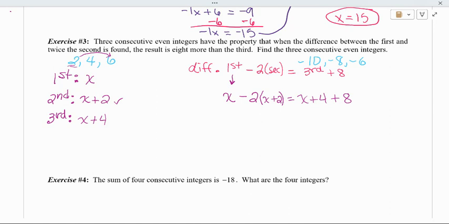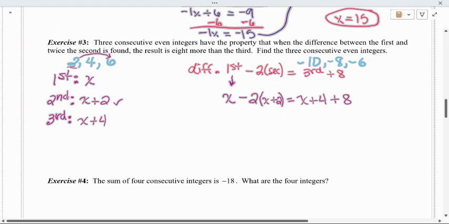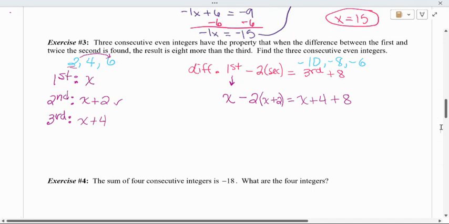Yeah. So do you want to go ahead and try and distribute for us, Ariana? Okay. I'll do -2 times x, which gives you -2x.